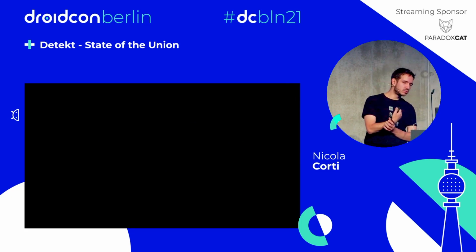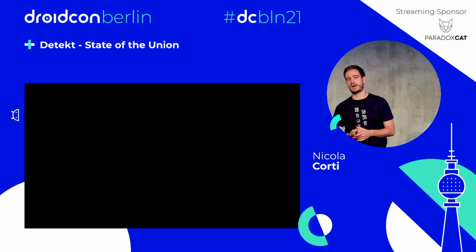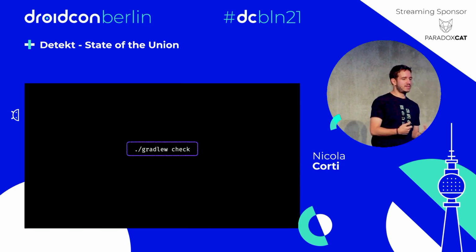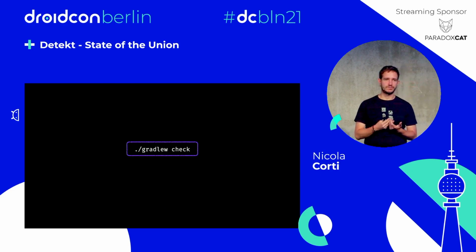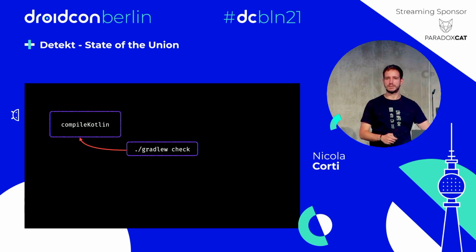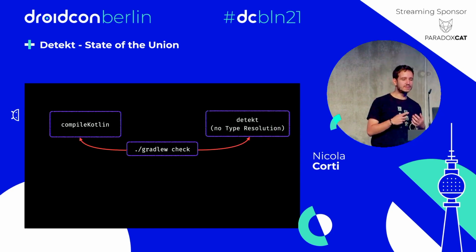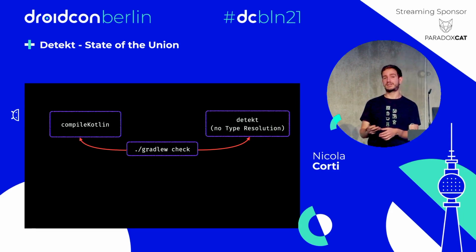Now I also want to talk a little bit more about the broader future of Detekt. Nowadays, if you call the check Gradle task, where all the tests and verification tasks are hooked in, you will also call compileKotlin, because check will also call build and so on. And you will also call the Detekt task, the one without type resolution.